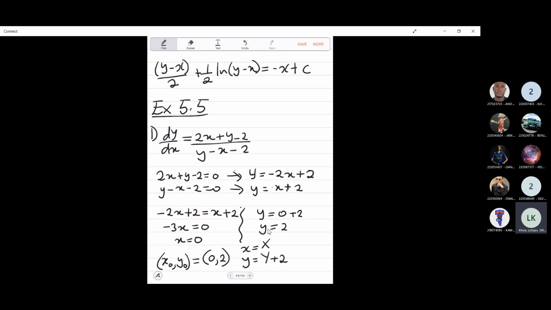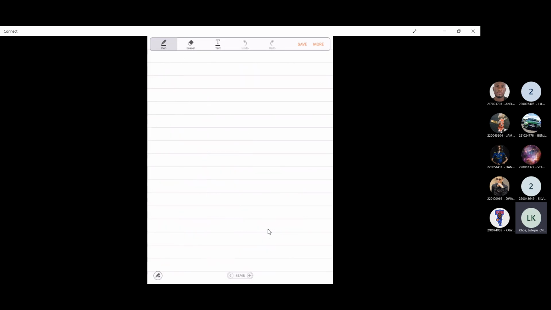So now just substituting, we have dY dX. This is equal to 2 times big X plus y, which is Y plus 2, then minus 2.